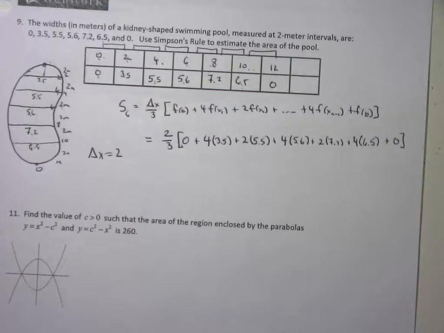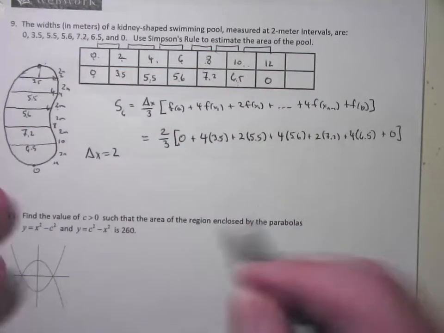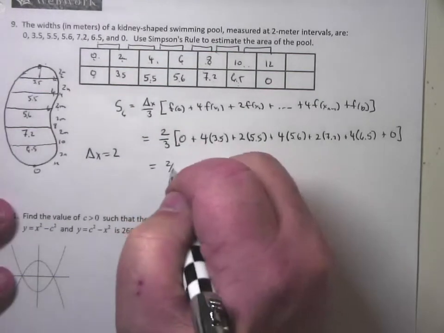I'm using Simpson's rule, and what I'm interested in are my measurements here. So this is equal to 2/3 times, and I'll just stick this part in my calculator here.